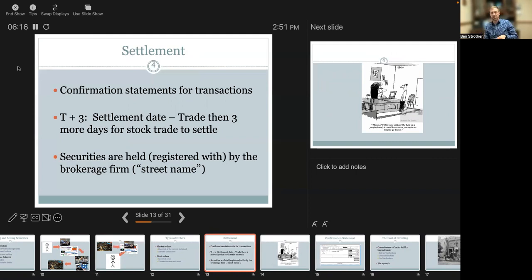When a stock transaction goes through, it takes a little time to settle. And that means like, officially be registered in an account. For all practical purposes, at the point of transaction, you own the shares, and the rights and privileges to its growth or its decline, but it won't officially settle in the account for 3 days, which is pretty typical.